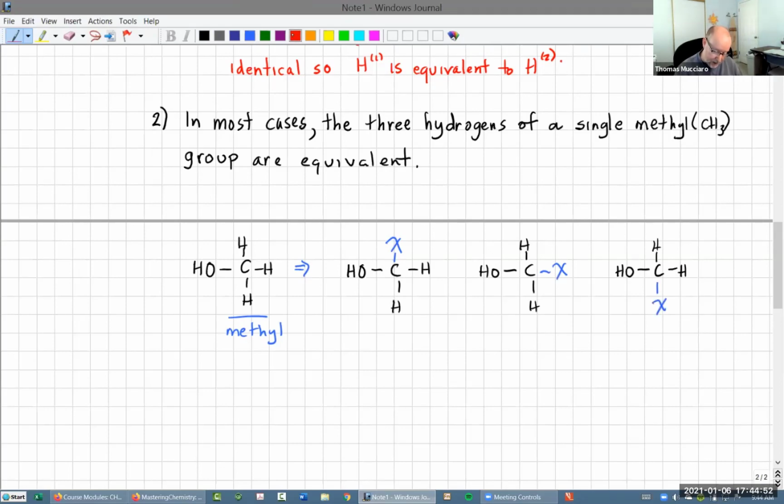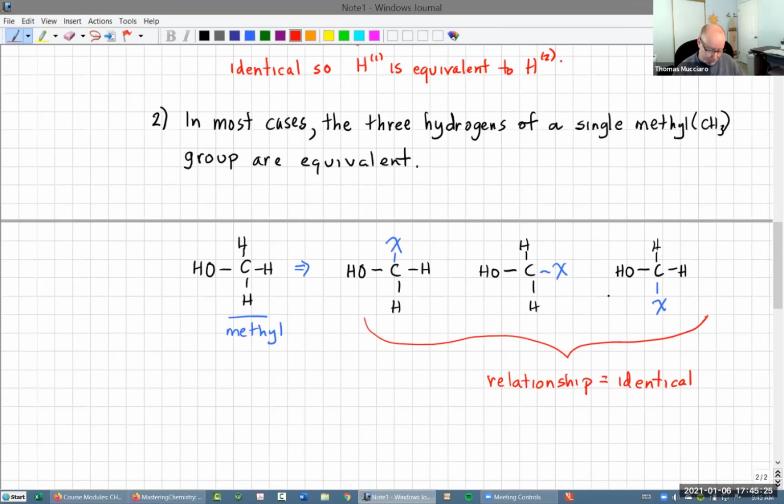And then we ask the same question, relationship. These are all identical structures, right? Okay. So what that means is we don't usually have to do these methyl group equivalent substitutions, right? We can just look at a methyl group and say, at least those are all equivalent, always, right?